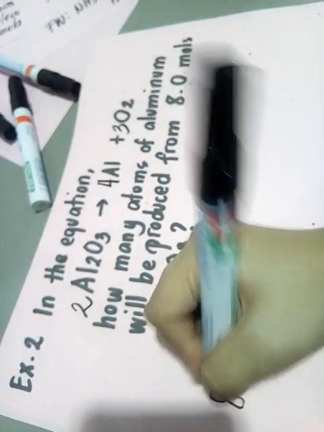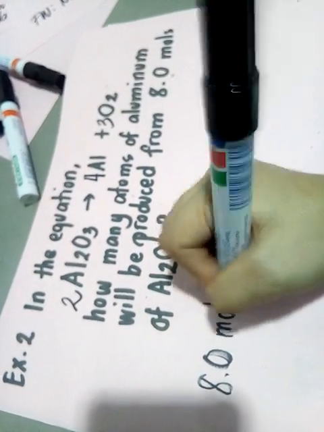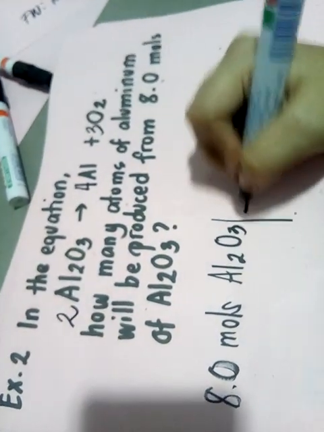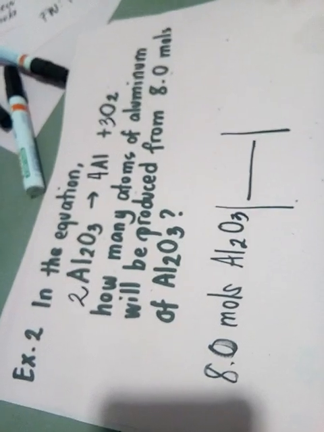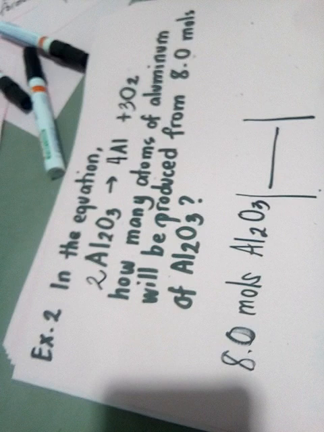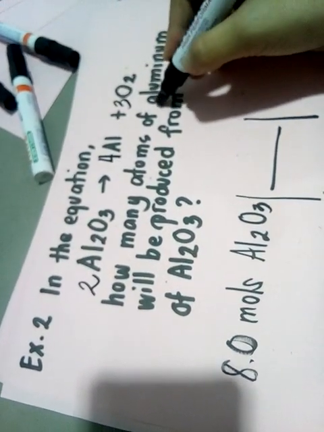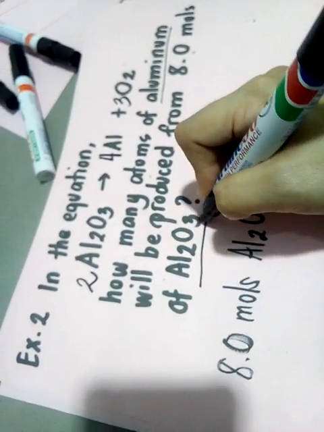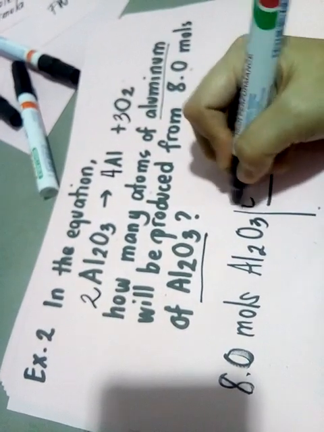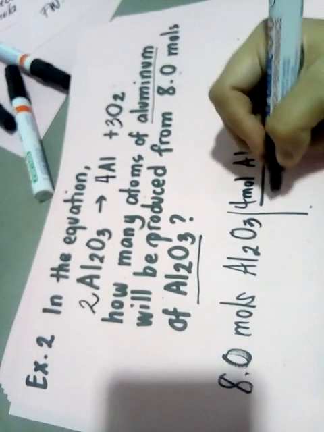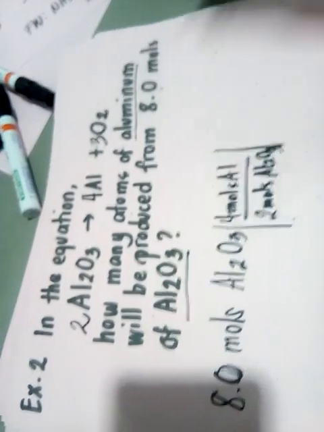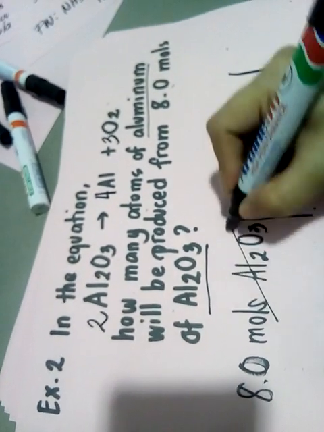Alright, so let's start with our given. 8.0 moles of Al2O3. Now, can we use the mole ratio? Yes, because our unit is already in moles. We're going to look for the mole ratio between aluminum and Al2O3, and that is 4:2. For every 4 moles of aluminum produced, 2 moles of Al2O3 decompose. So you now cancel.